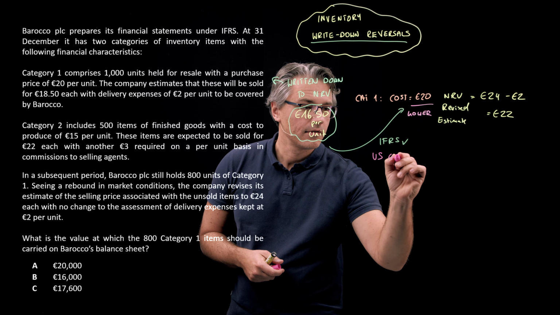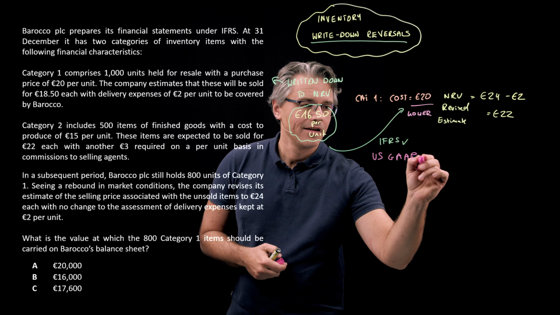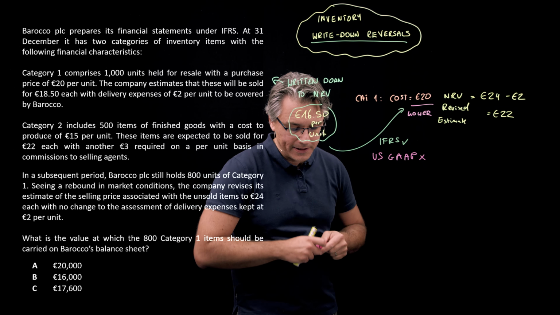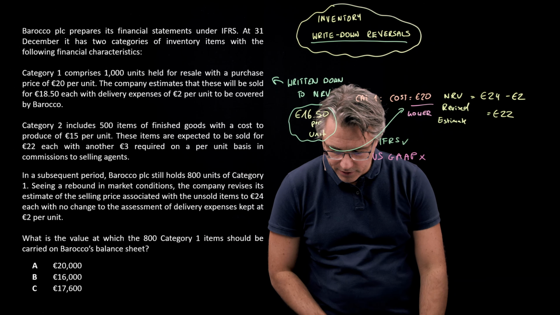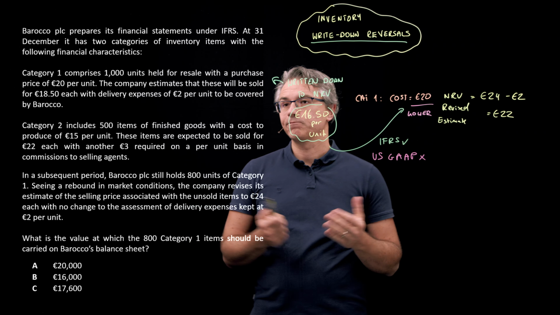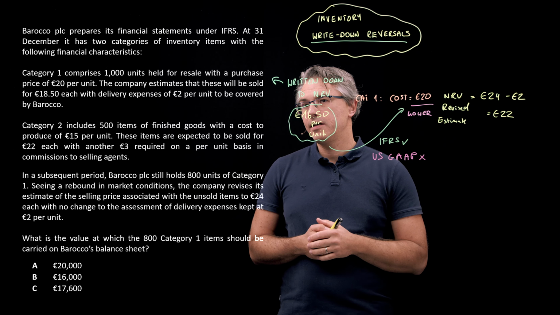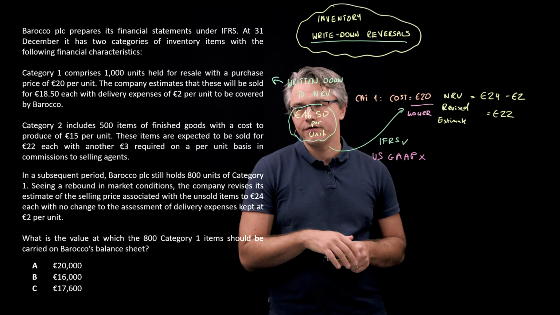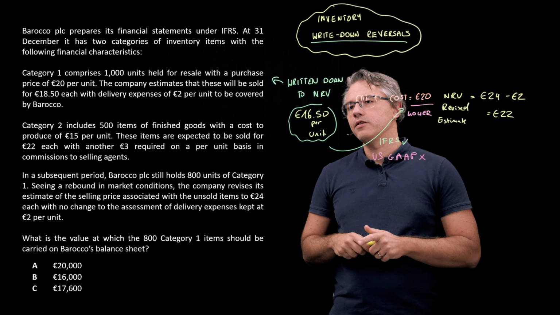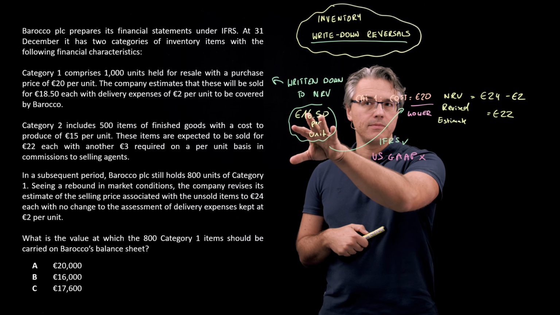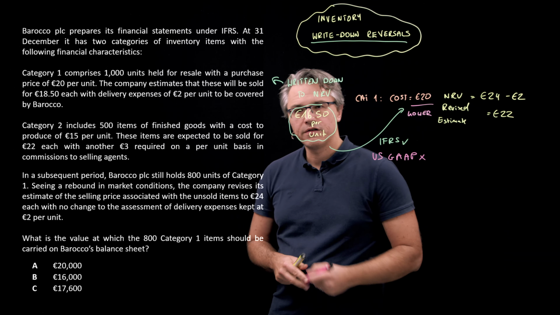US GAAP prohibits the reversal of previous write-downs in relation to inventory. So what's going to be my fresh balance sheet value for the 800 category 1 items? That's the question being asked over here. What is the value at which the 800 category 1 items should be carried on Baracco's balance sheet? Well, it's no longer going to be this previous estimate of NRV.